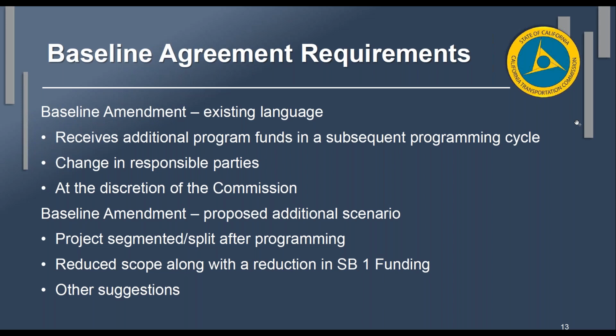And so we're proposing to add these 2 scenarios because, again, we want to be accountable for where the money's going, and we want to make sure that all of us understand what the actual project is going to be delivering, and we want to hold the individuals or the agencies accountable for that through this baseline agreement. And then I would like to hear if there's any other suggestions or comments about when a baseline amendment would be required.